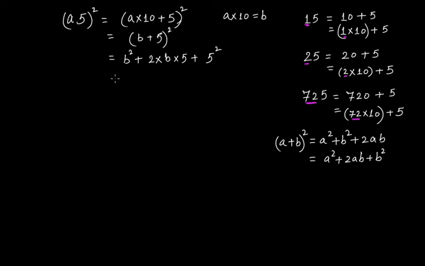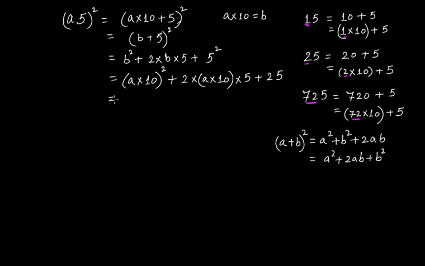Now this b squared is (a times 10) whole squared, and plus 2 times b, which is a times 10, times 5, plus 25.